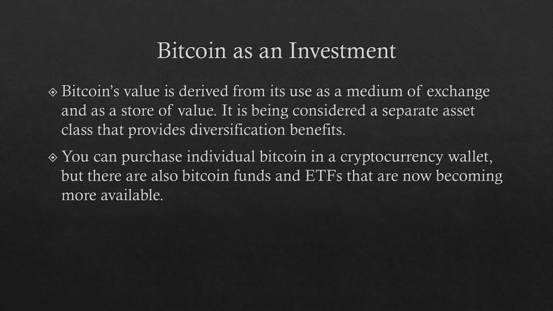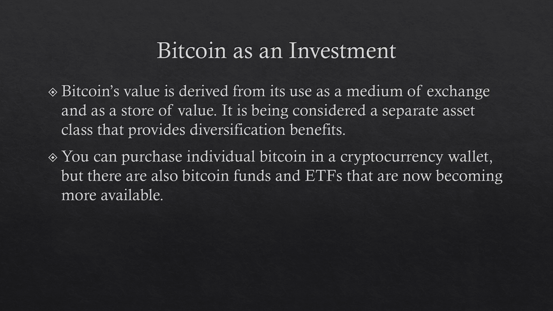Now, Bitcoin as an investment. So Bitcoin's value is derived from its use as a medium of exchange and as a store of value. It is being considered as a separate asset class that provides diversification benefits. So right now, there aren't really too many uses for Bitcoin. There are some ways you can pay for certain things with Bitcoin, but it is a bit nuanced.